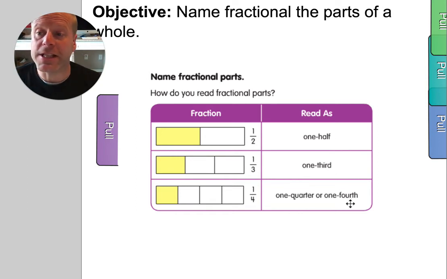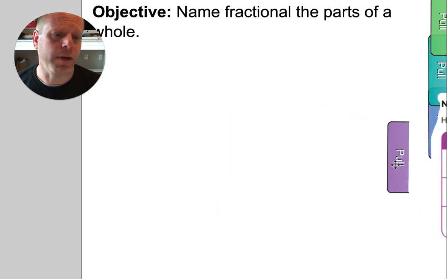It gets a little easier when you get bigger, like 1/5, 1/6, 1/7, 1/8. They don't get special names anymore. You don't have to remember third or half or quarter. It's just these 3 very common fractions that get nicknames. But remember, if you're ever stuck on the nickname, you can just say 1 out of 2 instead of 1/2. It's perfectly acceptable.